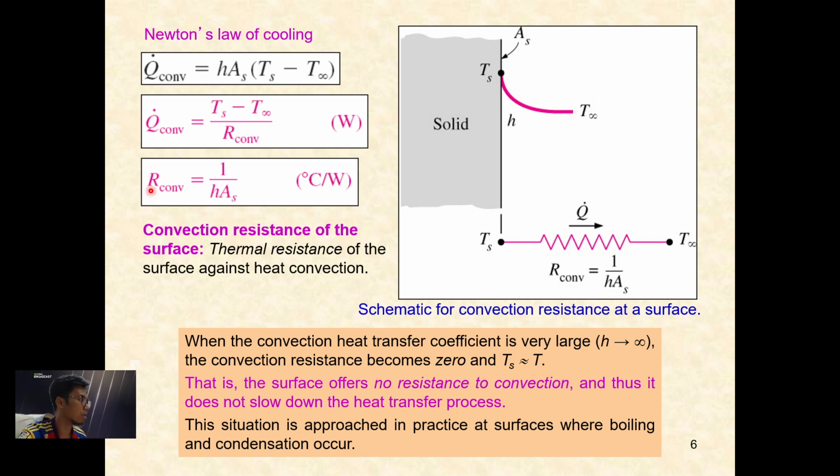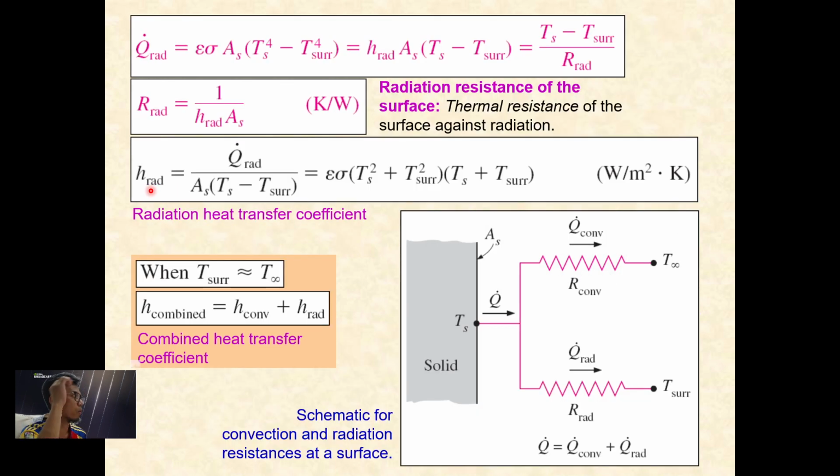Let's take a look at the next slide, where this is the original formula of heat transfer for radiation, where you have emissivity times Stefan-Boltzmann constant times surface area, then times surface temperature to the power of 4 minus surrounding temperature to the power of 4.